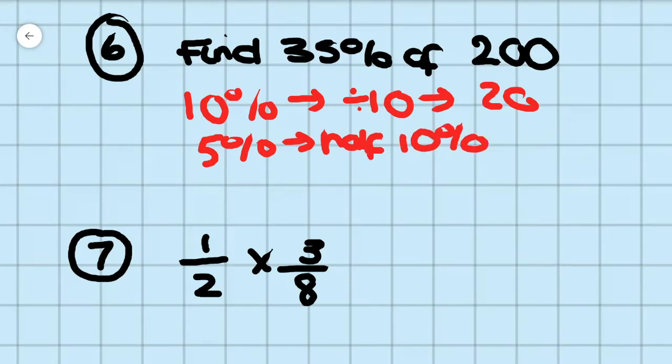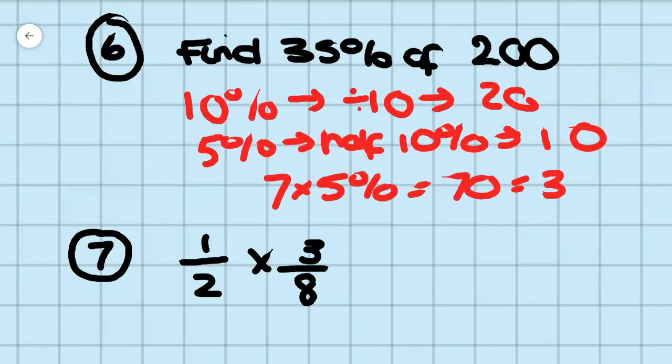So I'm just going to half that number there, 20. Half of 20 is 10. And now I can either do 3 lots of 10 plus the 5, or I also know that 7 5s are 35. And because this is quite a nice number 10, I'm going to do it that way. So I'm going to do 7 lots of my 5%, which is 70, which is my 35%. So my answer is 70.